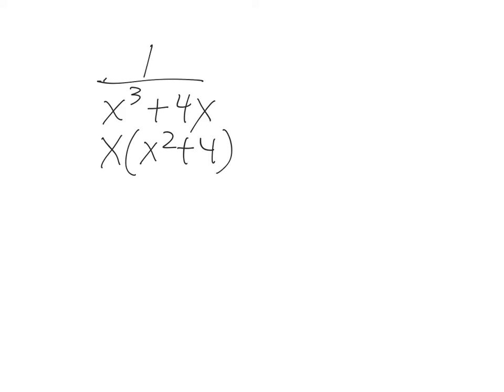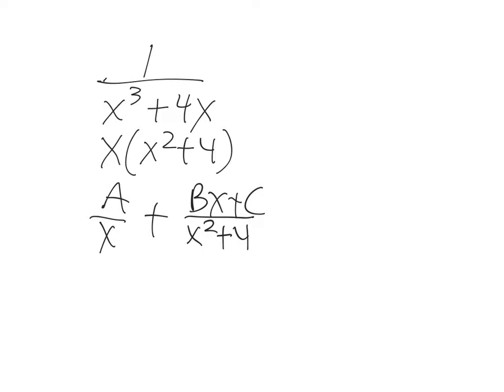And the setup there, we still have the a over x, but the x squared plus 4 would have what on top? bx plus c. Right. With our irreducible quadratic factor, we have the bx plus c in the top rather than just a b.